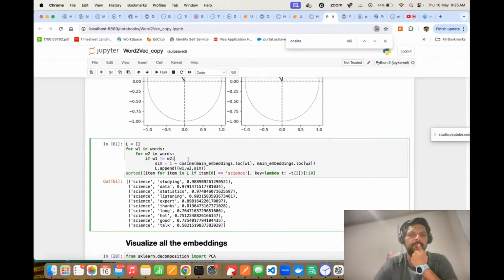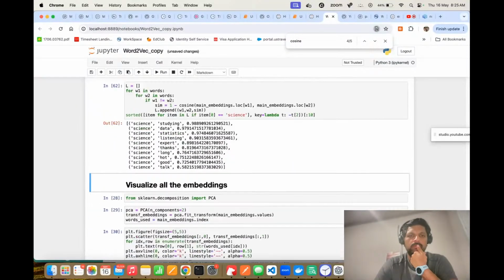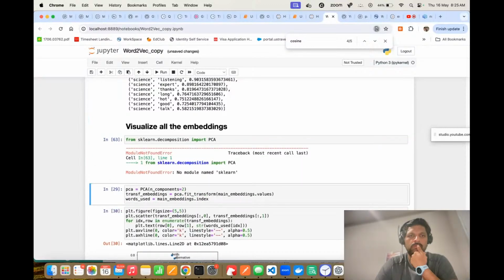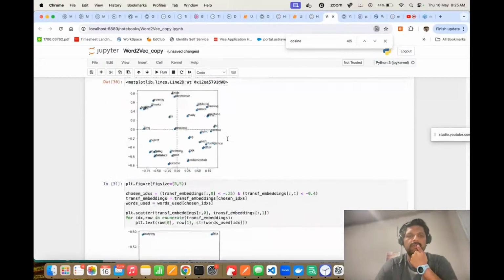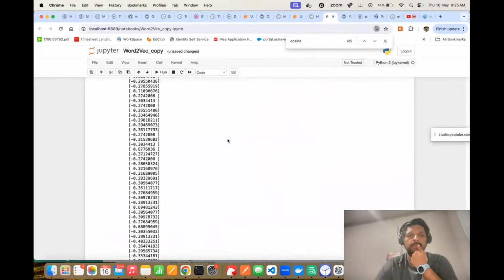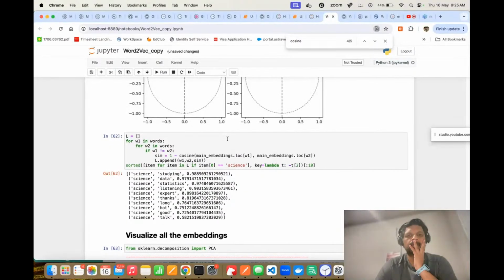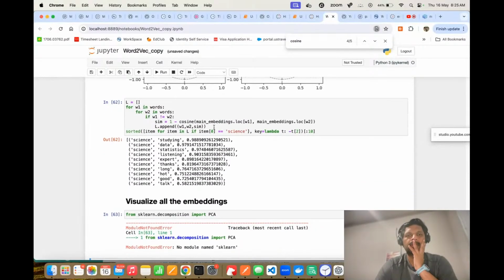I have not installed sklearn, so this will not work. That's okay. So what we need to look at is main embeddings.